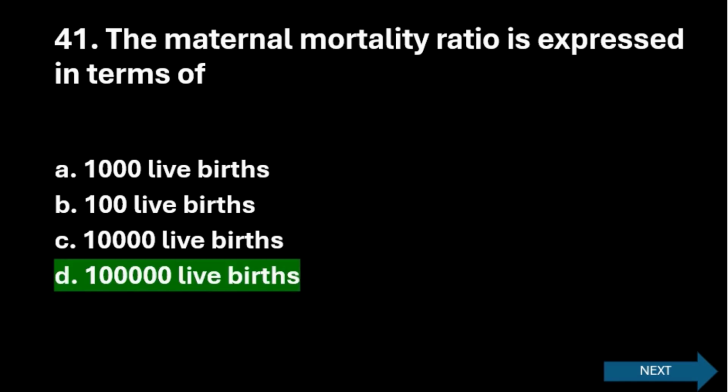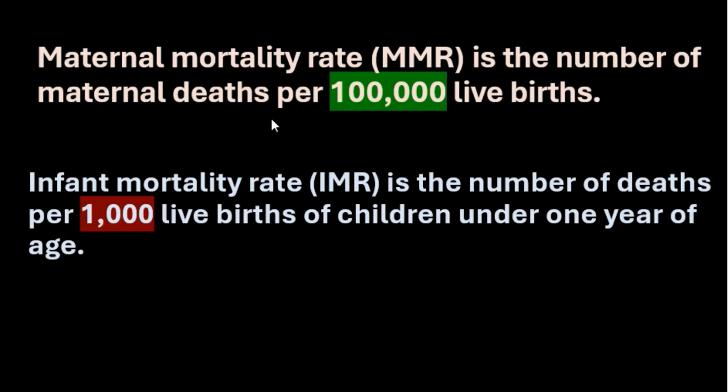Here we can see the definition. Maternal mortality rate is the number of maternal deaths per 100,000 live births, but infant mortality rate, IMR, is the number of deaths per 1000 live births of children under 1 year of age. So remember these numbers: for MMR 100,000, for IMR 1000.